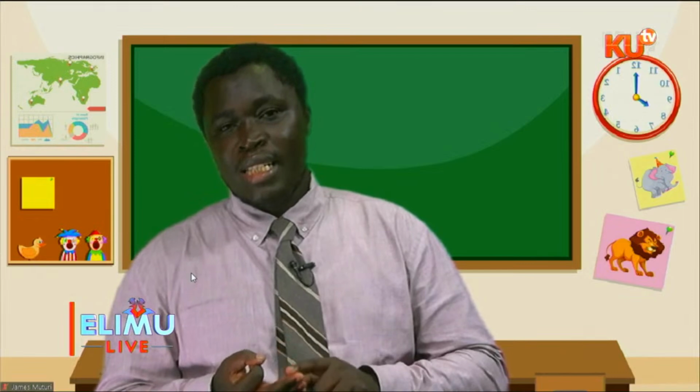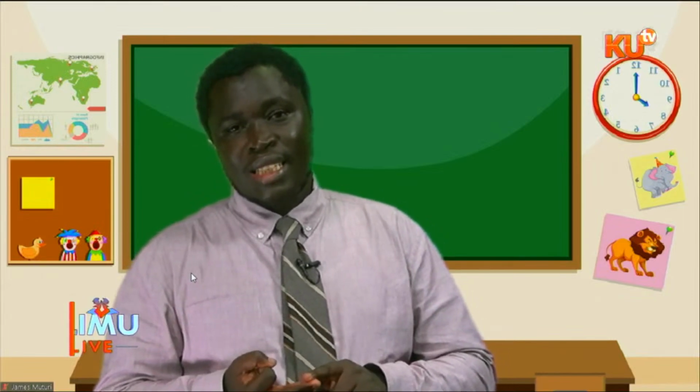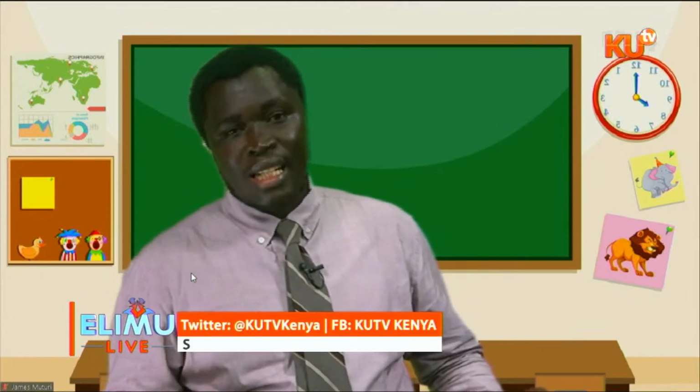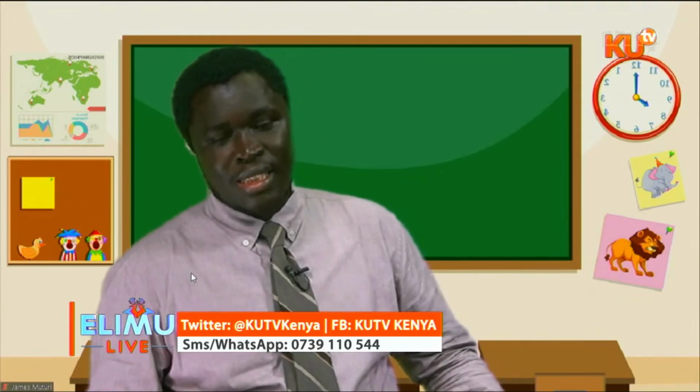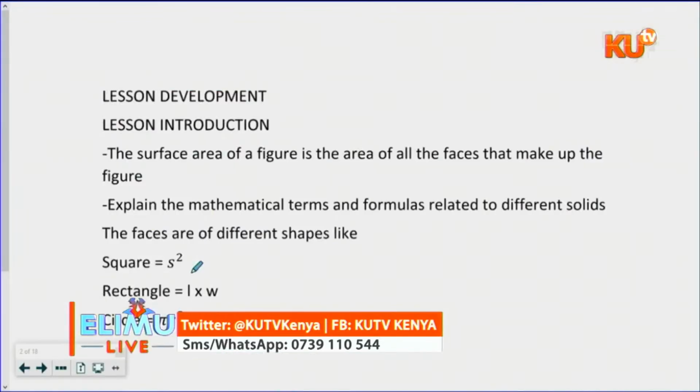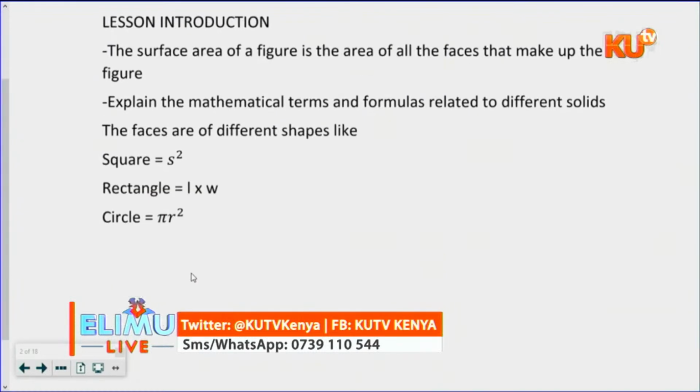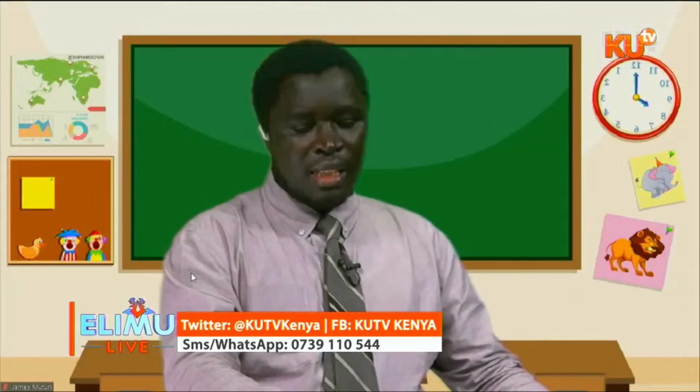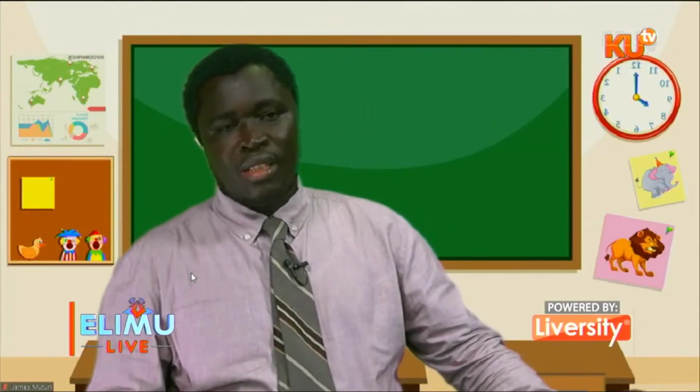Number three, the corner angles are 90 degrees and the sum of the interior angles add up to 360 degrees. And that brings us to the last part, which is the formula, which we say is side times side. The short form of side times side is side squared.